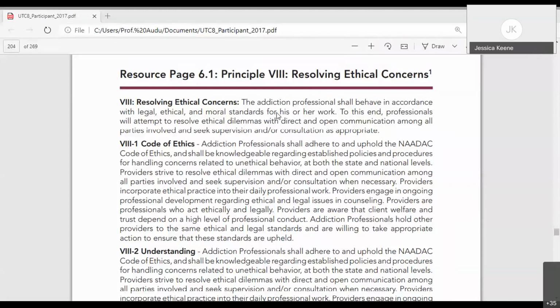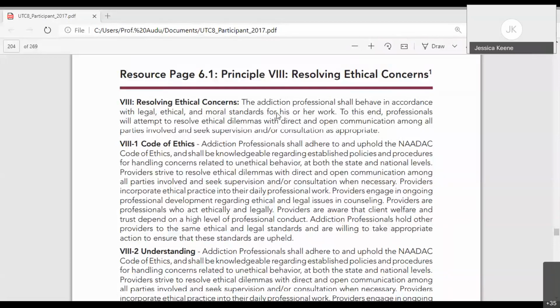Let's go to the Code of Ethics. Number 1 is Code of Ethics. Addiction professionals shall adhere to and uphold the NADA Code of Ethics and shall be knowledgeable regarding established policies and procedures for handling concerns related to unethical behavior at both the state and national levels. Providers strive to resolve ethical dilemmas with direct and open communication among all parties involved and seek supervision and or consultation when necessary.